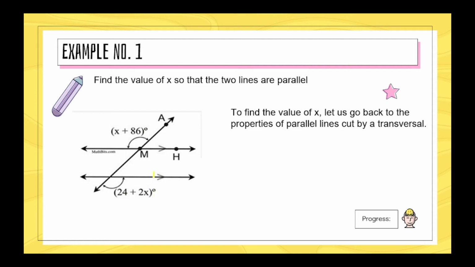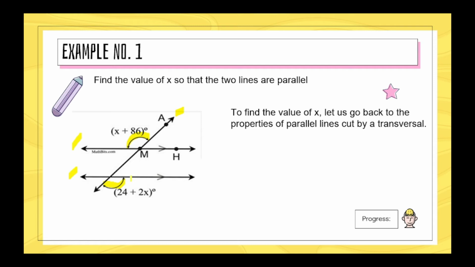So how are we going to find the value of x? Since we have here two lines that are parallel, this line is parallel to this line and it was cut by a transversal line. First, identify natin what type or what pairs of angles ba yung given. Itong angle na to at itong angle na to, anong klaseng pairs of angle ba siya?